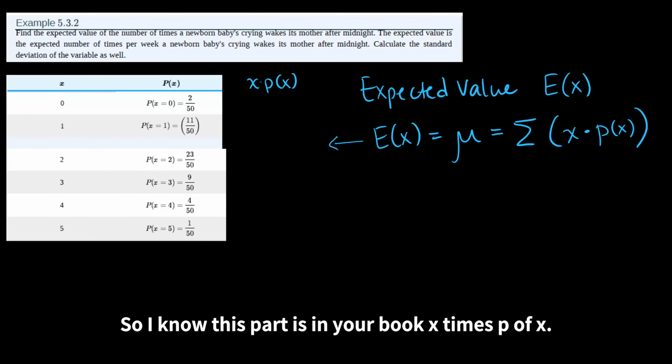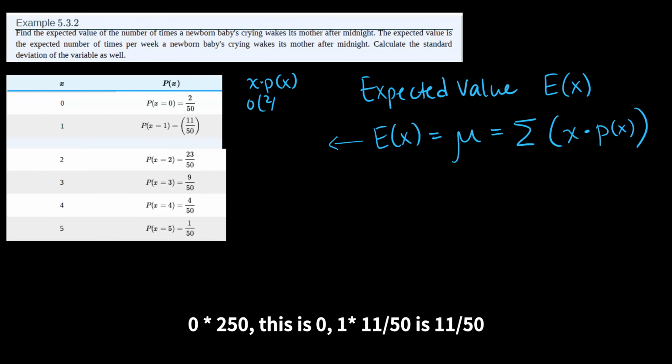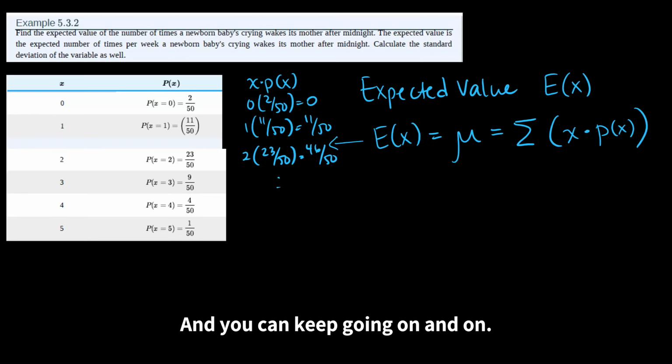So I know this part is in your book, x times p of x, but just starting it out, 0 times 2/50 is 0, 1 times 11/50 is 11/50, and so forth. 2 times 23/50 would be 46/50, and you can keep going on and on. But instead of punching it out one at a time by hand, let's use technology.